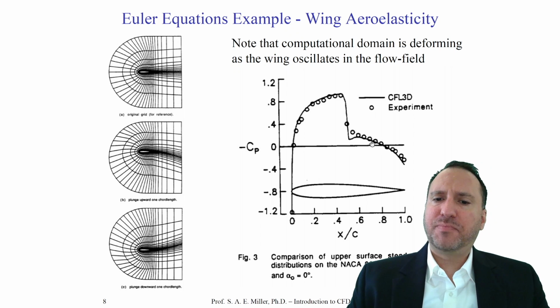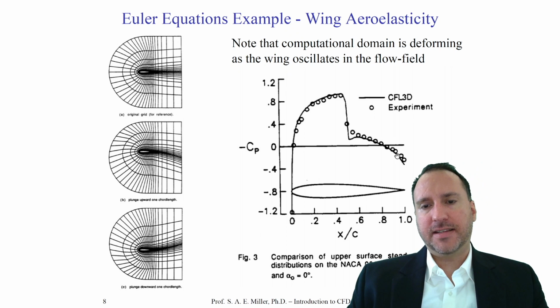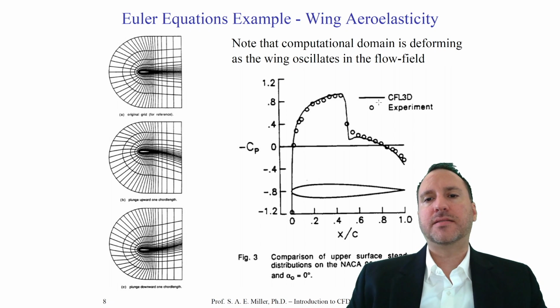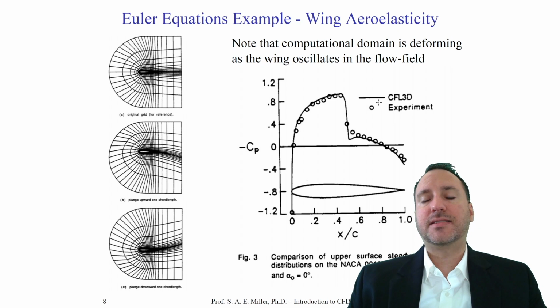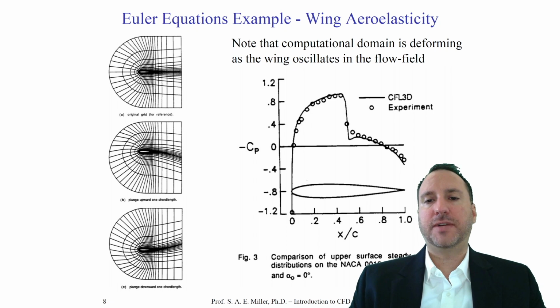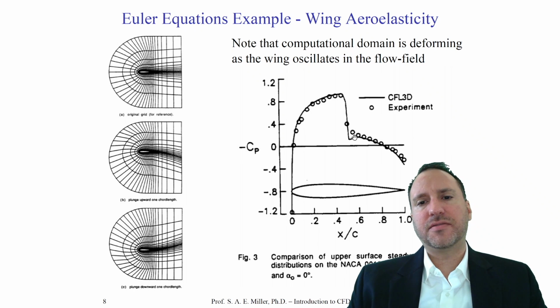Now, the experiment from the NACA is shown as the circles on the Cp graph. The line is the CFD result from the CFL3D code, which is also developed at NASA. The CFD code is drawn as the solid line. You can see that there's very good agreement, except in the region where the shock wave occurs.